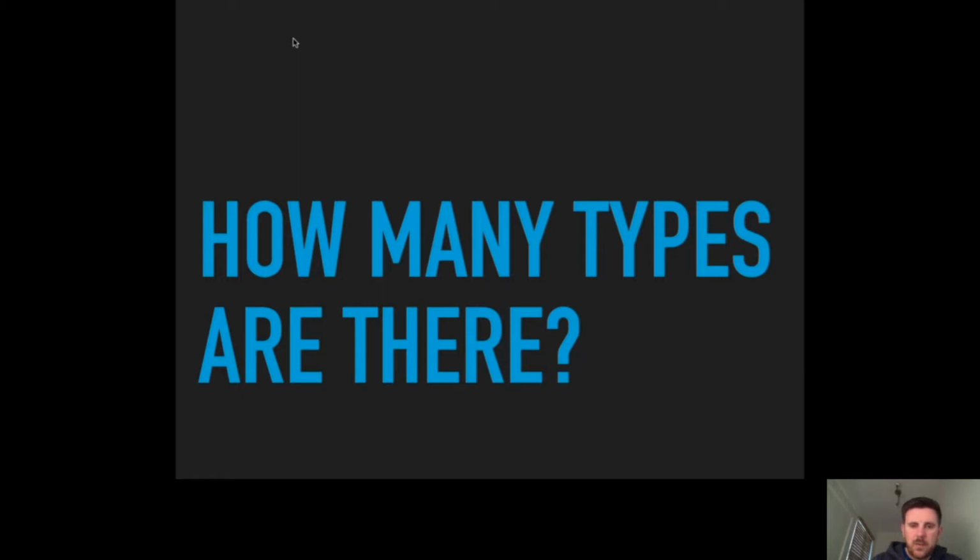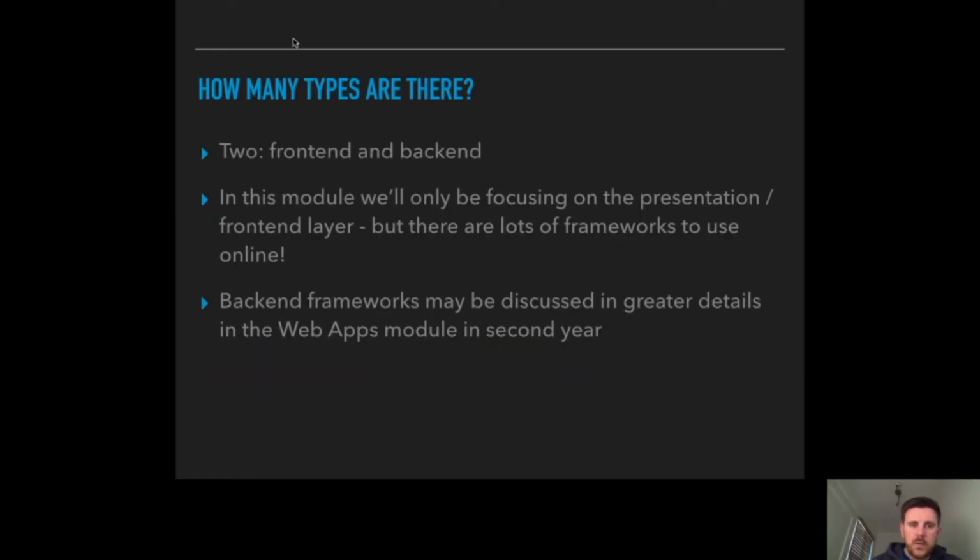And so how many types are there? We've kind of answered this question. There are two, the front end and the back end, because the data layer and the back end layer go hand in hand. You can't really have the back end layer without the data layer, because one deals with the other and helps you access the data layer where all the information is stored. But like I said, we're only focusing on the front end at the minute.